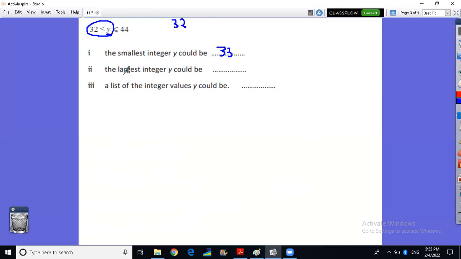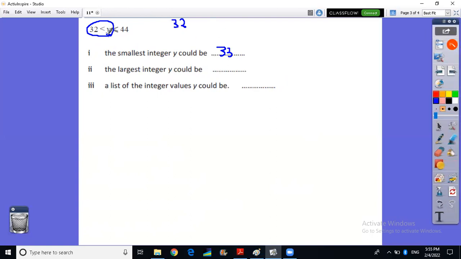What is the largest integer y could be? They said here that y can be anything that is less than or equal to 44. So what's the greatest number that y could be? y could reach anything between 33, which is greater than 32, until the greatest thing is 44, because they said here it is less than 44 or equal to it.